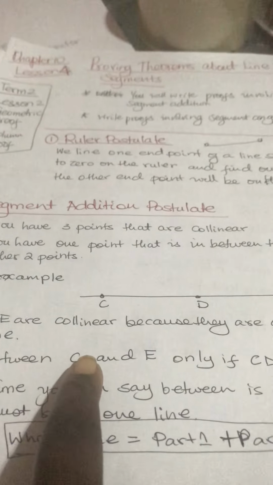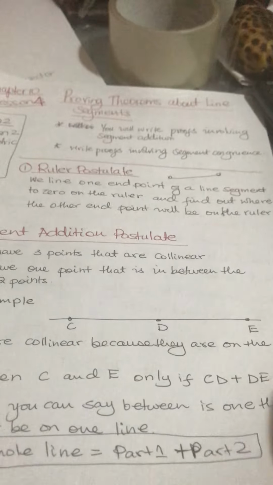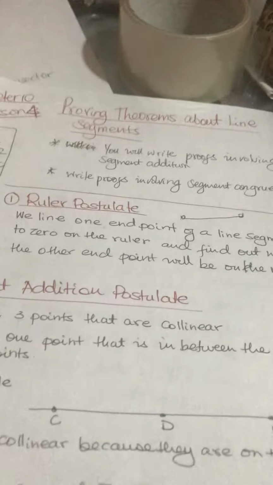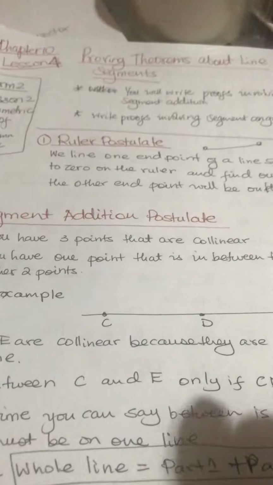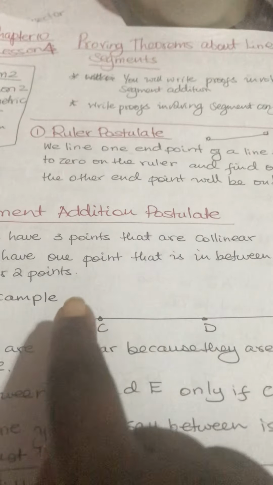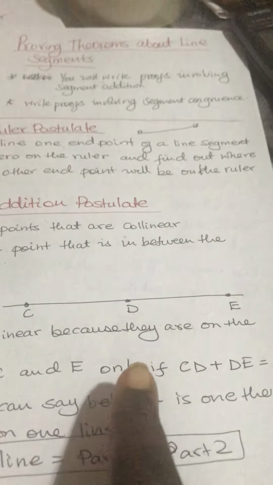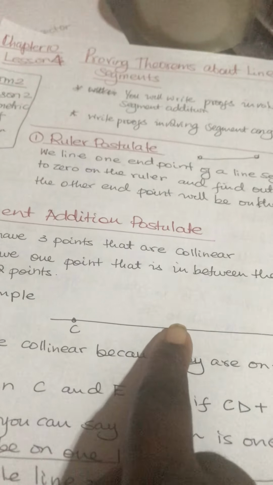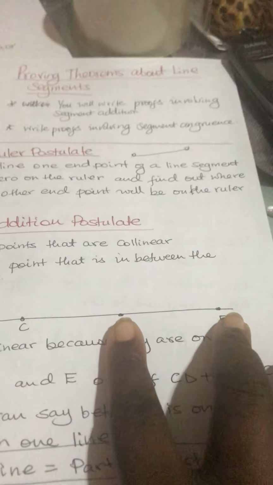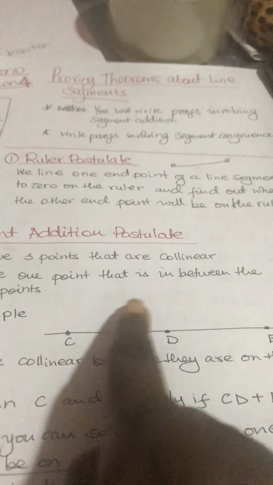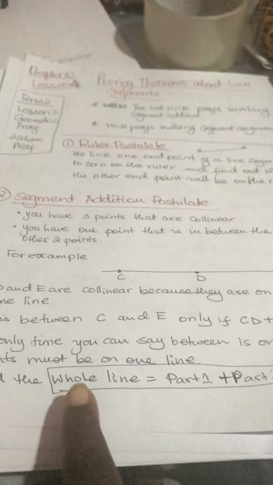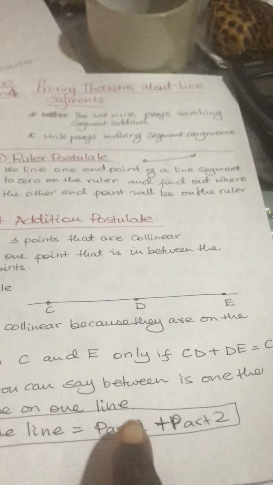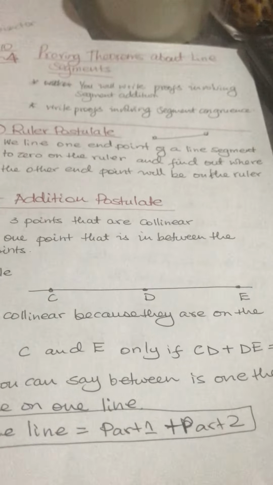D is between C and E only if CD, this distance, plus this distance DE gives you the whole distance from C to E. So that is why I wrote if the whole line is equal to part 1 plus part 2.